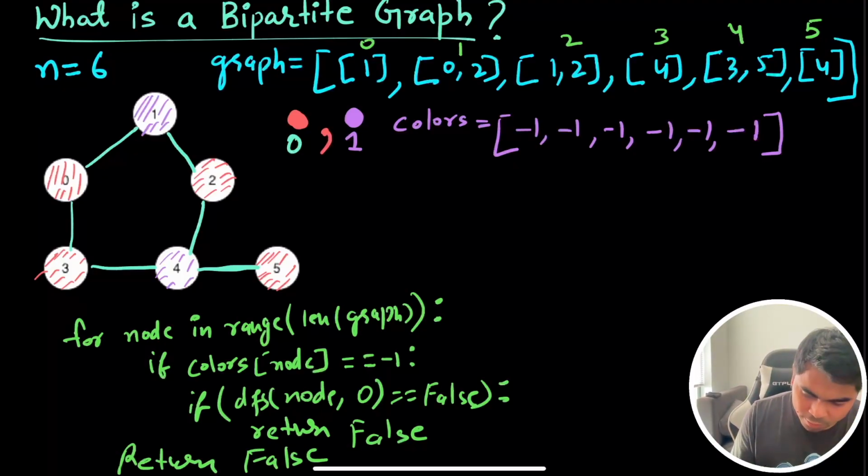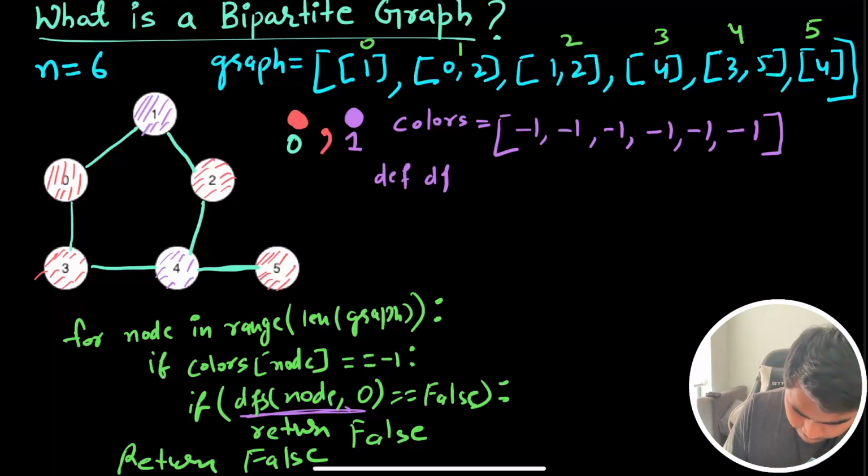But let's now write this DFS right here. It will be quite short, so we'll just say DFS. It will be taking node and then next color.